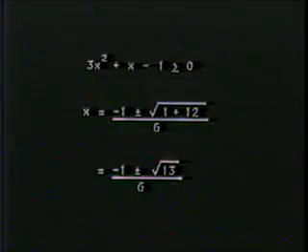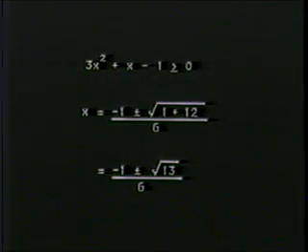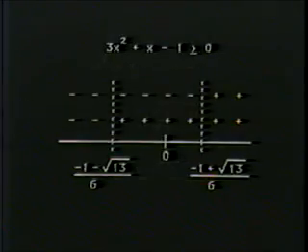Well, what have we been doing when it didn't factor? Right, we've been using the quadratic formula. That will give us the numbers where we change from positive to negative. And that's just what we need to draw our picture as usual.